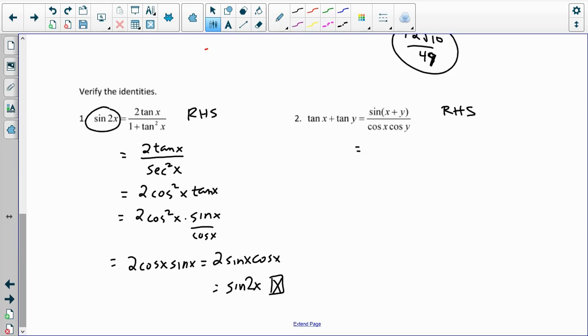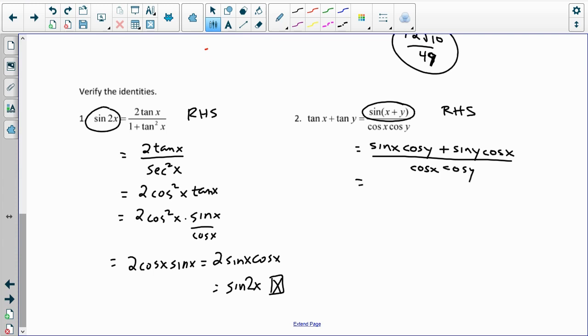So what I'm going to do is use the sum identity for sine. So separate signs with the same sign. Sine x cosine y plus sine y cosine x. That's all divided by cosine x cosine y.